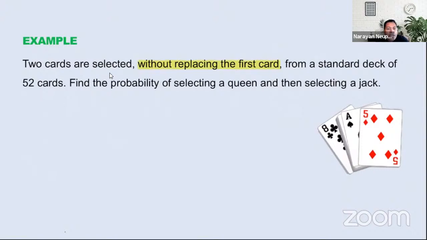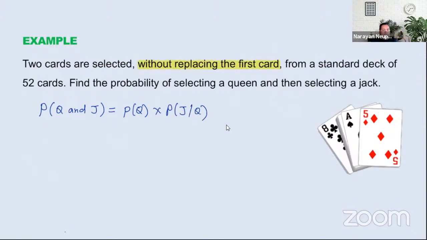So here 2 cards are selected without replacing from a standard deck of 52 cards. We have to find the probability of selecting a queen and then a jack. Okay, let me write this down. Probability of selecting queen and then jack. Because they depend on one another, the way we write the formula will be like this. Probability of Q, the first event, and means multiplication, times probability of getting jack when queen has already occurred, or given that the queen has already occurred.